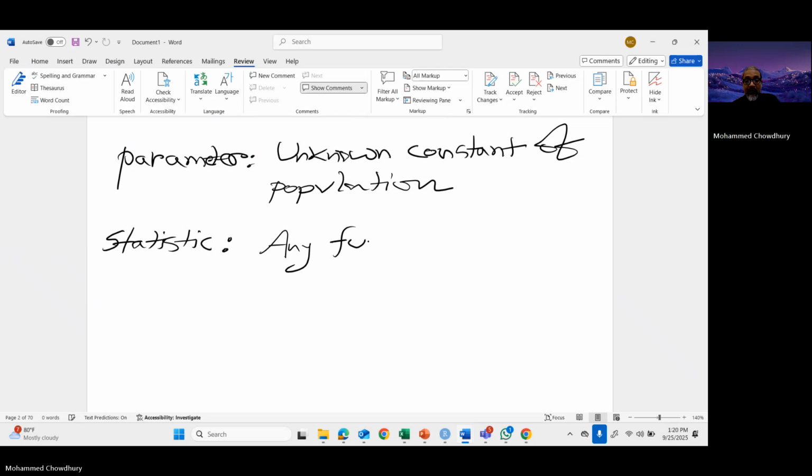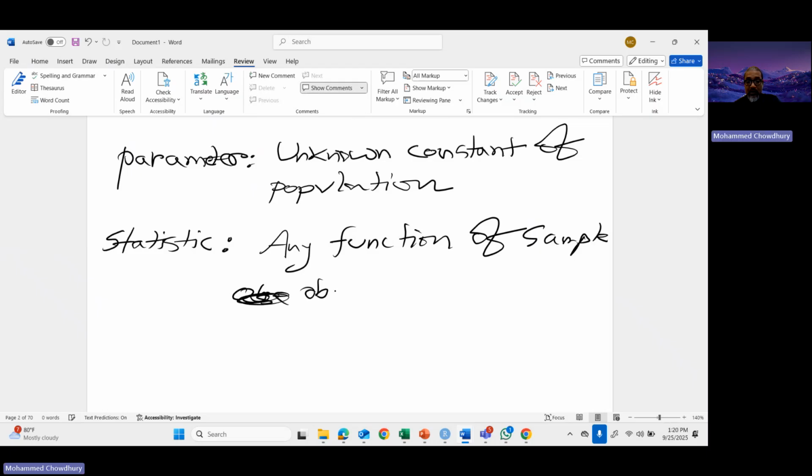Any function of sample observation is called a statistic.